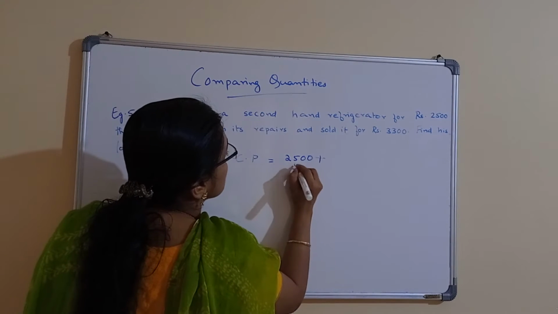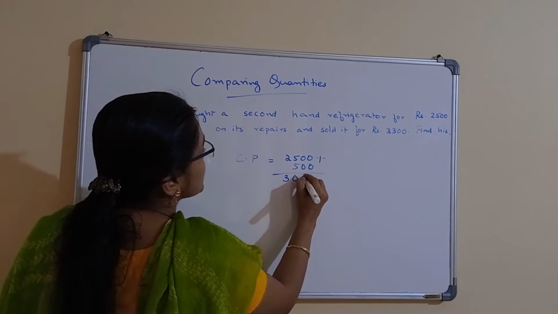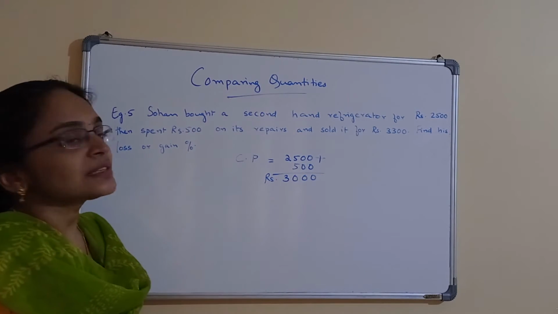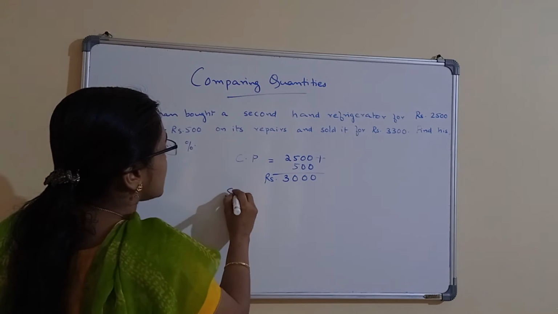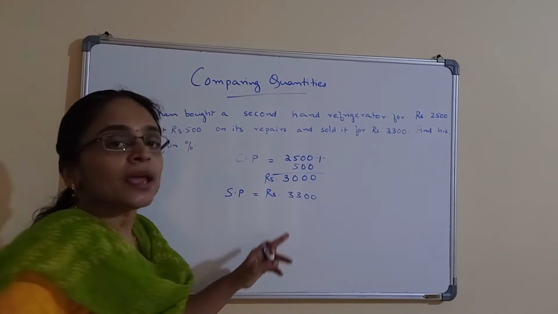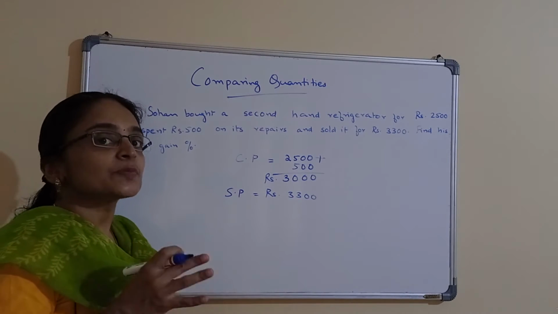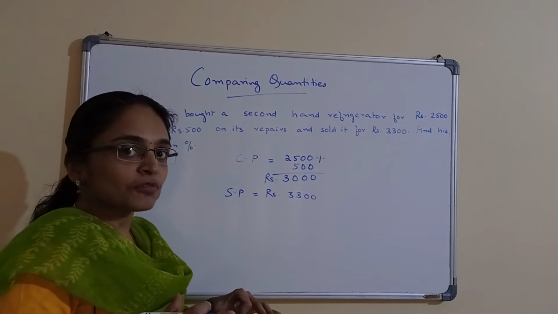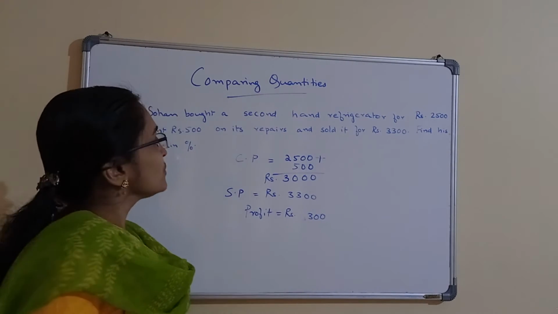So this amount also will get added to the cost price, which means the cost price will become 3000 rupees. Okay, so the cost price is 3000 rupees and he sold it for 3300 rupees, that is, selling price is equal to 3300 rupees. So did he have a profit or loss? He sold it for 3300 rupees, but he spent only 3000 rupees when he bought it. So did he have a profit or loss? He had a profit, right?